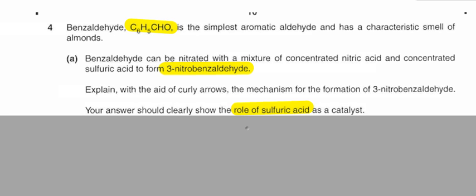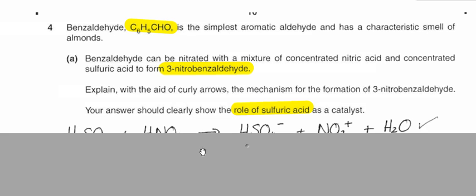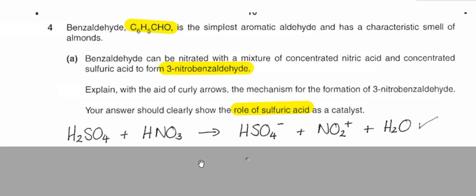So having a look at this, I need 2 acids to actually form my electrophile to start off with. They are sulfuric acid and, because it's nitration of benzaldehyde, nitric acid. And so I get my formation of the electrophile as this equation.